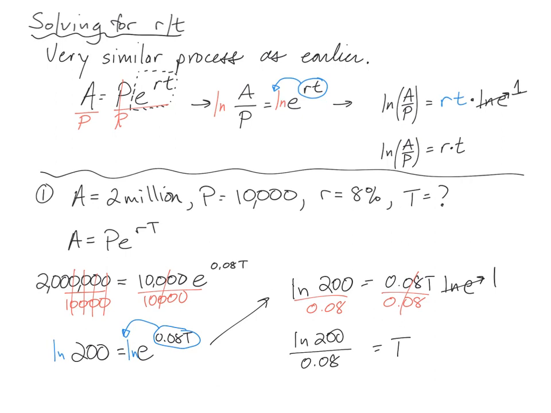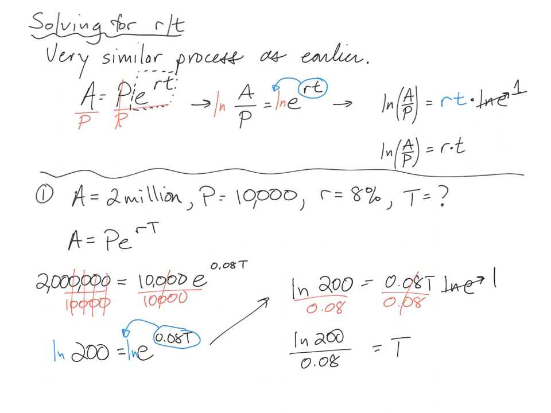Now, if you're like me, that means absolutely nothing. And if you are working as an investor and you're trying to tell people that you can turn their $10,000 into $2 million in natural log of 200 over 0.08 years, they're going to look at you goofy. All right, so you can type all of this into, guess what, a calculator.